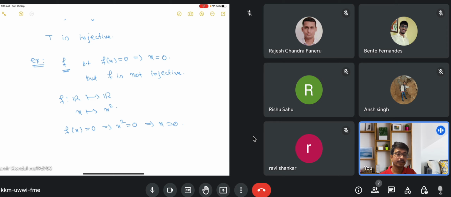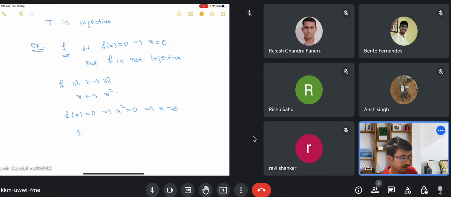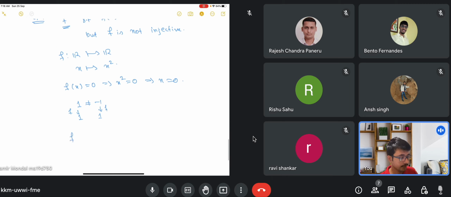But it is not injective, because if you take 1 and minus 1, the image under f of both is 1. So f is not injective.